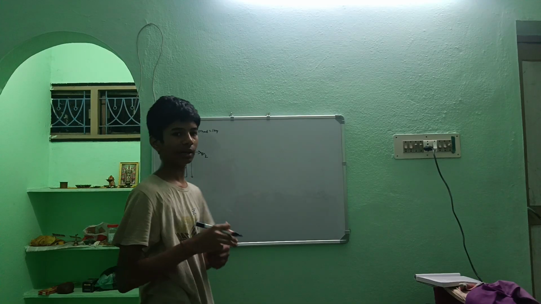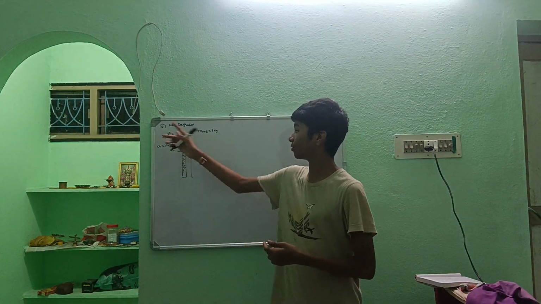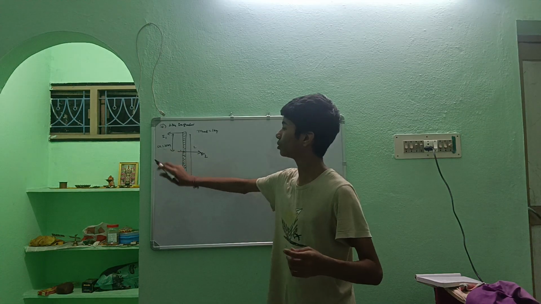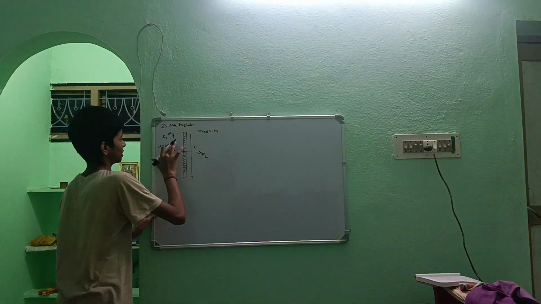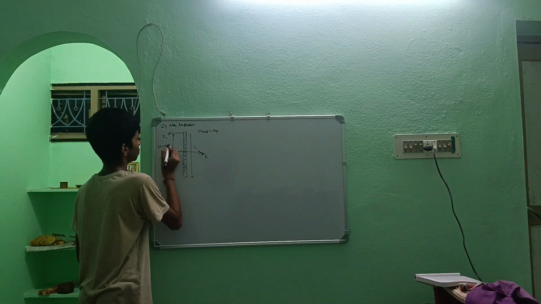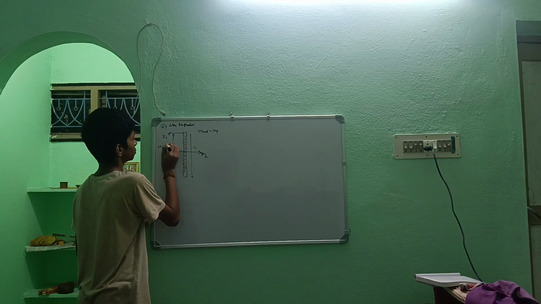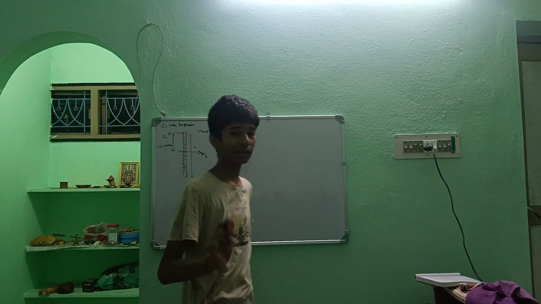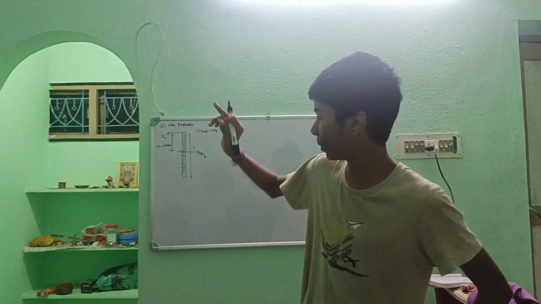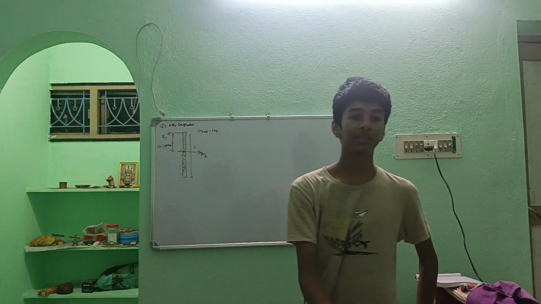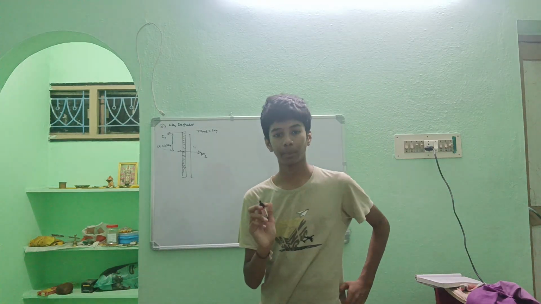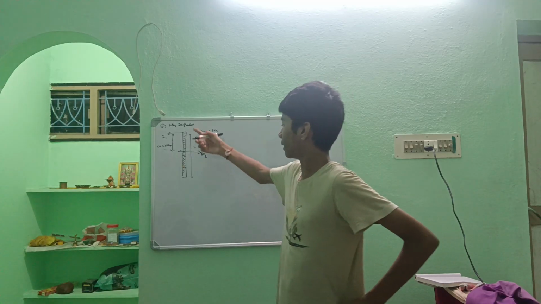A is nothing but the distance between F1 and F2. The distance between F1 and F2 is a in this question. A is 20 centimeters. Again, I will repeat: a is nothing but the distance between F1 and F2.